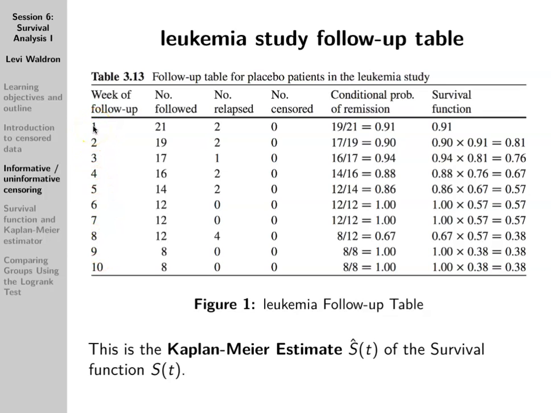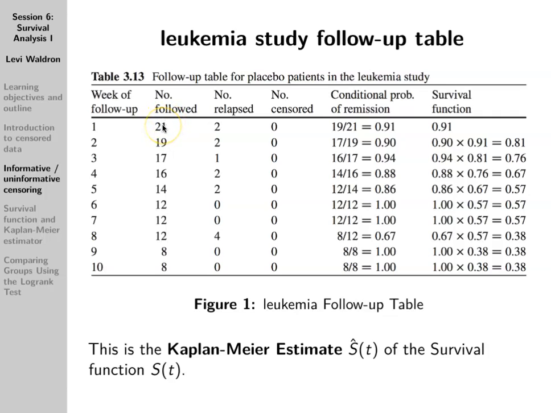What matters is just that it's a time point where either there was a censoring or an event. And it has written down here one column for the number of people following. This is also called the risk set. In other papers and discussions of survival analysis, you'll see this number of people followed called the risk set.